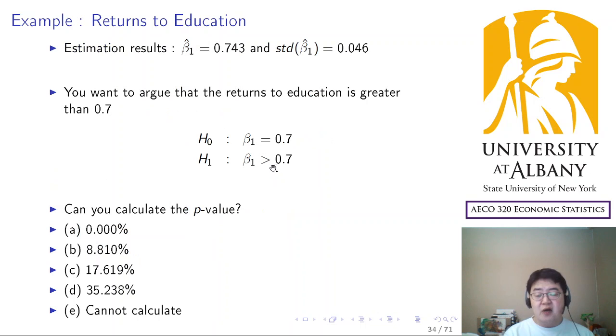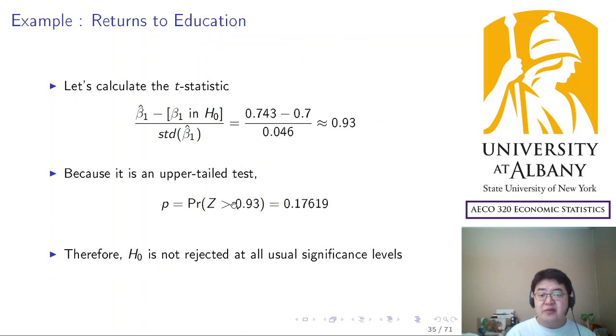And our hypothesis is one-tailed, and in particular we are looking at the upper tail, so we reject only when beta 1 is too much larger than 0.7. So our p-value is going only on that tail.